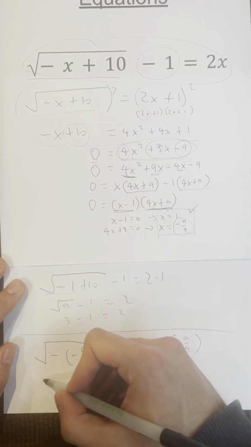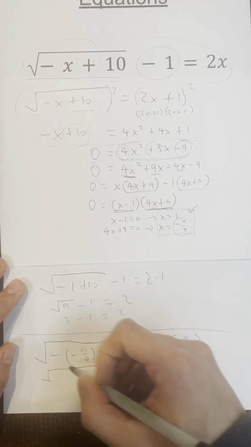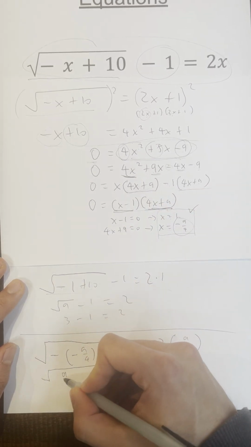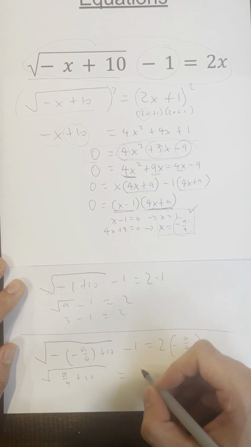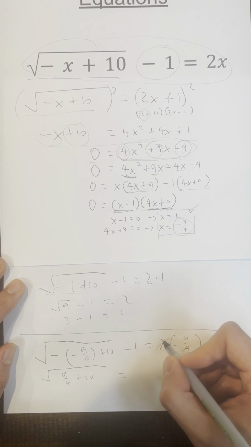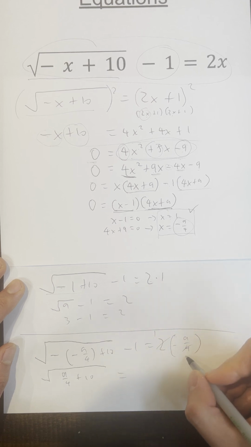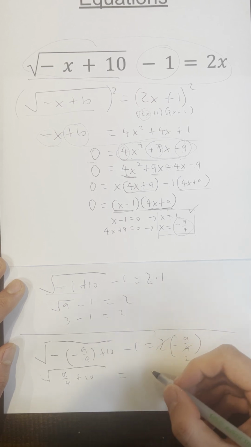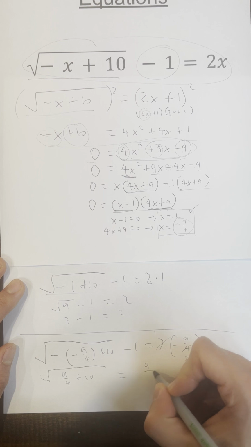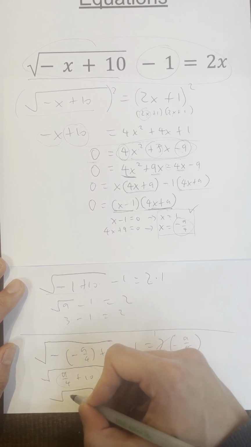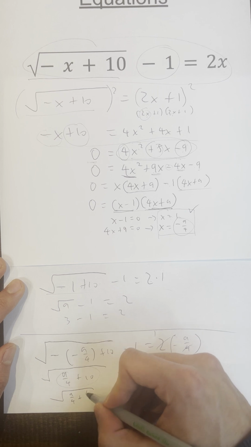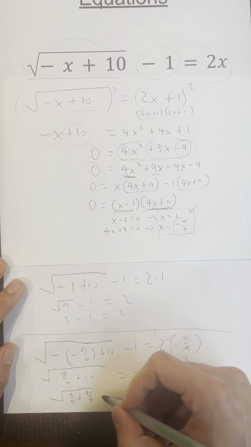So this simplifies as square root of negative 9/4 is just 9/4 plus 10. And then this times this, well, I can take out 2 here and divide out 2 here. So that should be negative 9/2. And then I need to get a common denominator here. So 9 over 4 plus 40 over 4.